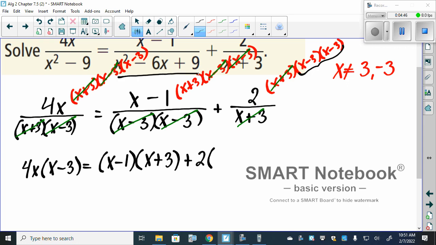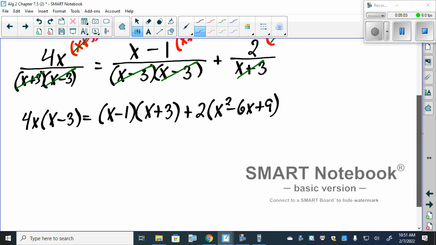The x squared minus 6x plus 9? Well, we can go on and put that back in, since the things we have left over are something we factored it from. Now the middle one, the x minus 1 times x plus 3, we didn't have that factored from anywhere, so we kind of have to put it back down. We don't get a nice little shortcut like we did for the x minus 3 times x minus 3.